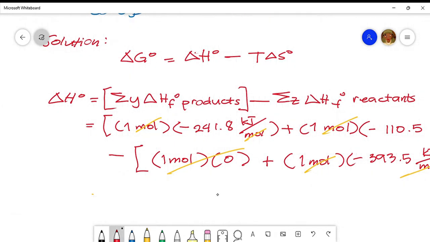If you use your calculator, please correct me if I'm wrong. This one is negative 352.3 kilojoule, plus, it's minus negative 393.5 kilojoule.